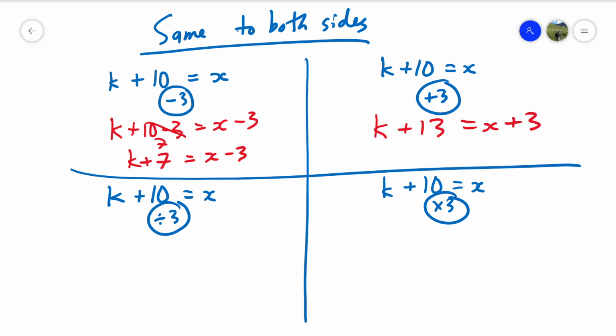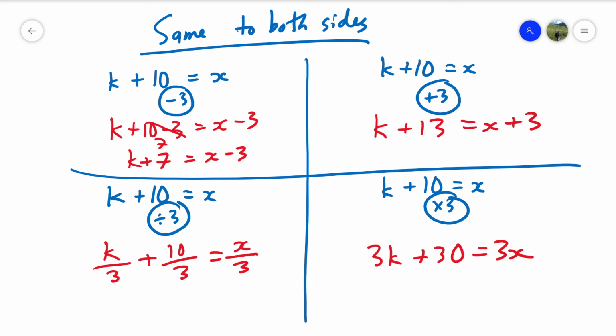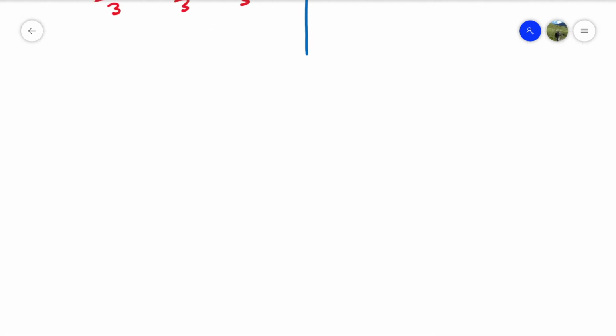Let's start being a bit quicker here. This one, we divide each thing we can see by 3. Remember, divide and times, we do it to each thing. And this one, we times each thing. Pause the video if you need to look at those answers. Okay, I'm going to move on to the next question.